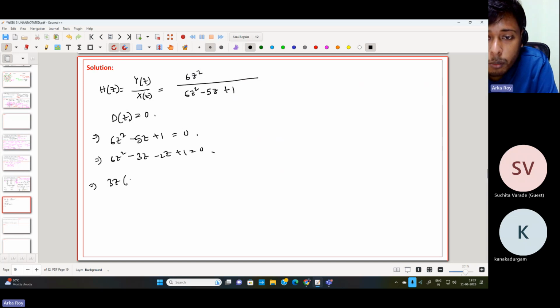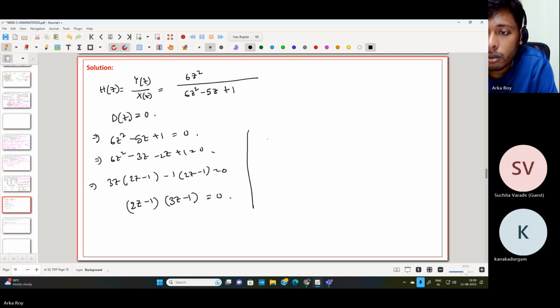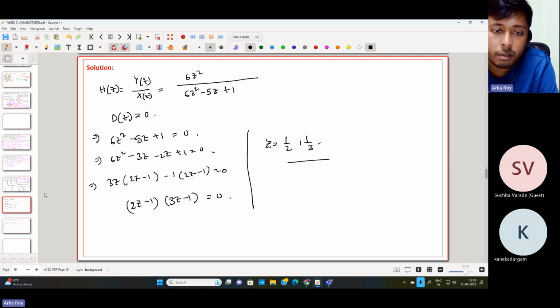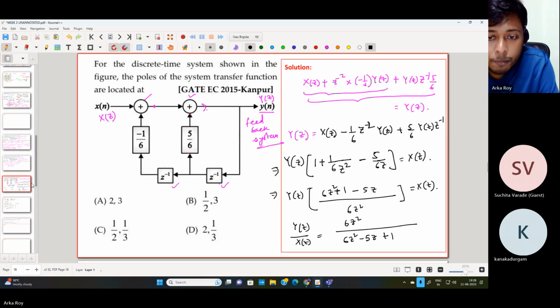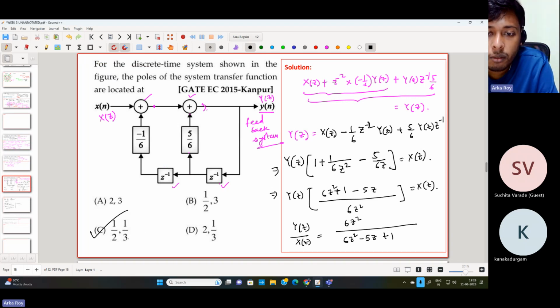So I can take common 3z(2z minus 1) minus 1(2z minus 1) equals 0. So (2z minus 1)(3z minus 1) equals 0. So the poles will be located at half and 1 by 3 respectively. So option C: poles are located at half and 1 by 3.